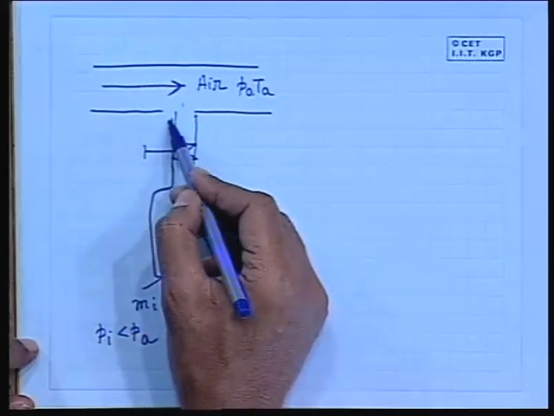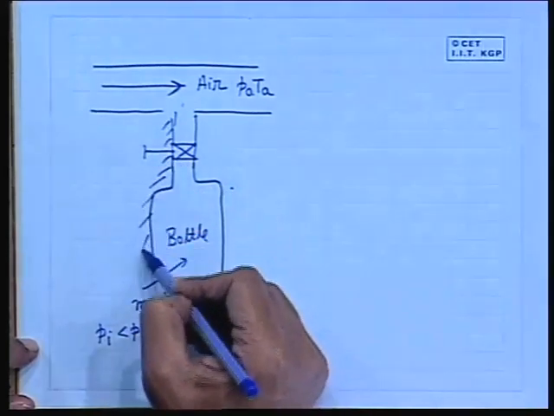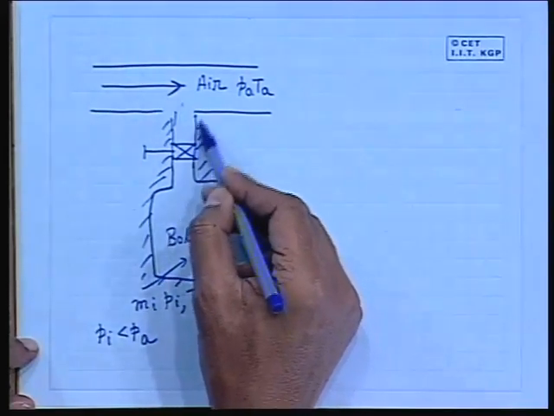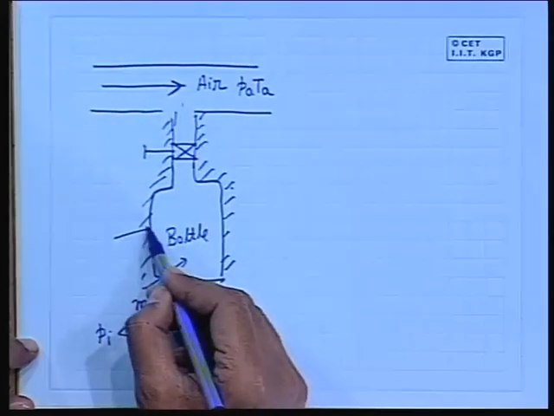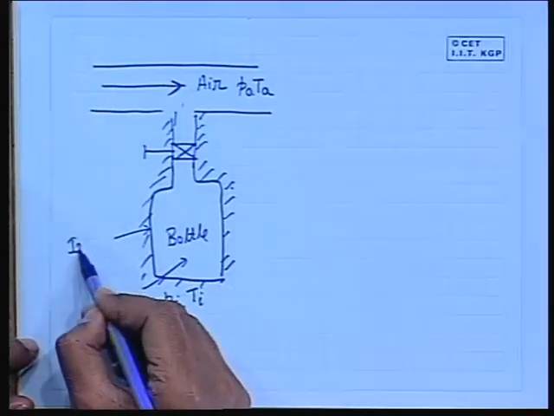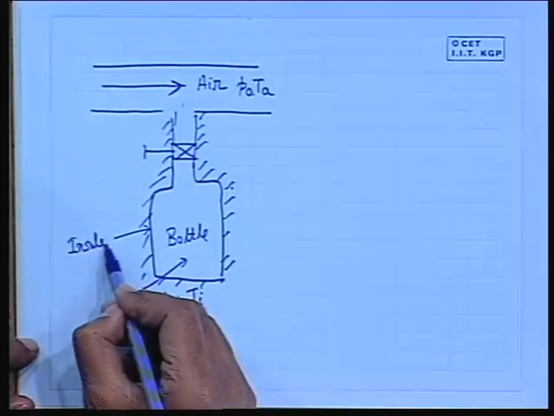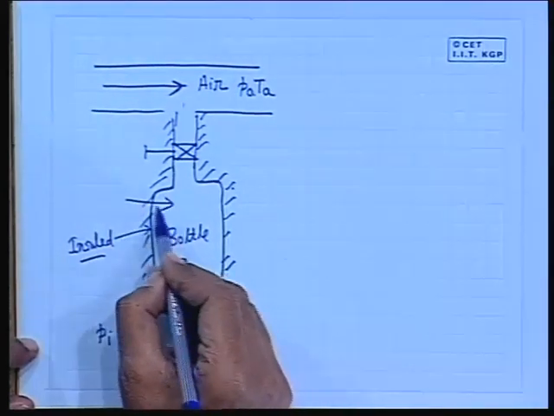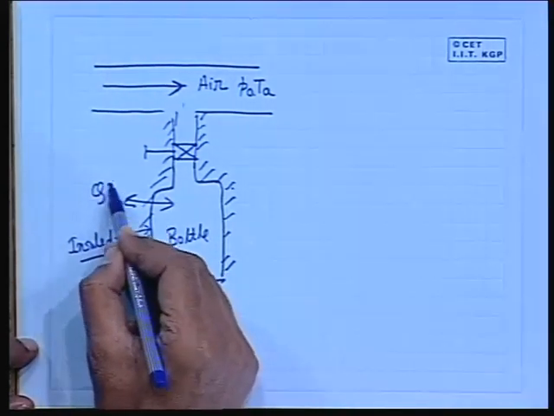And let us consider the entire thing is adiabatic. That means insulated. That means no heat transfer. Insulated. In thermodynamic sense, the heat transfer is zero in neither direction.